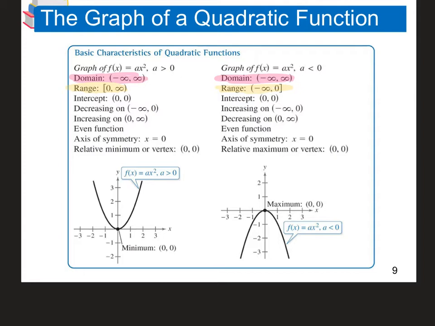If it's negative, it's going to be negative infinity to the y part of the vertex. Your intercepts are where the graph crosses the x and y axis, and we can talk about how to find those in just a second. It's an even function. Your increase and decrease is going to mirror itself. It's going to increase on one side, decrease on the other, depending on which direction it opens.